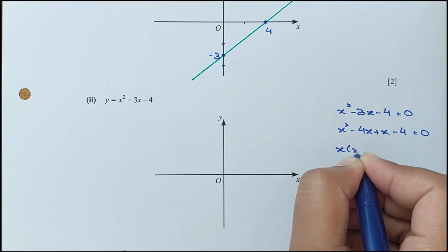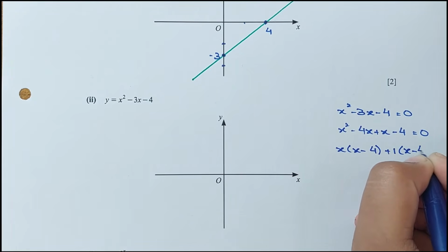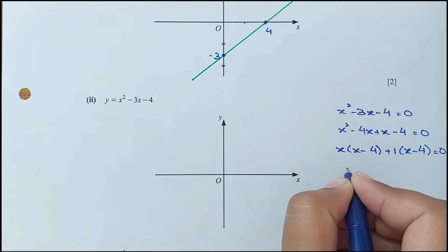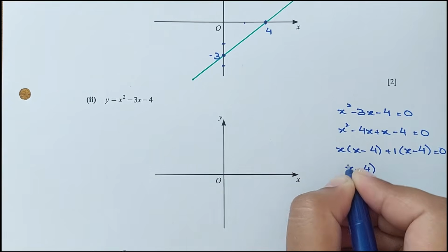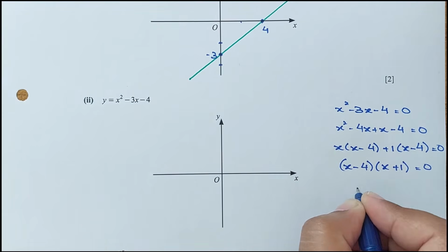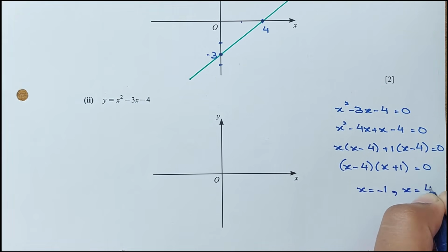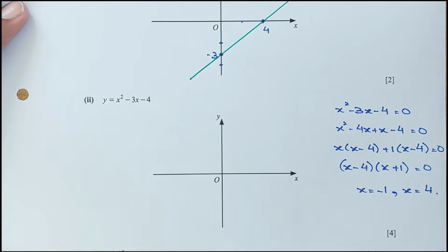X is common, x minus 4 is left, plus 1 is common, x minus 4 is left, equals to 0. So x minus 4 and x plus 1 are the two factors, and x is equals to minus 1 and x is equals to 4. These are the two x-intercepts, right?